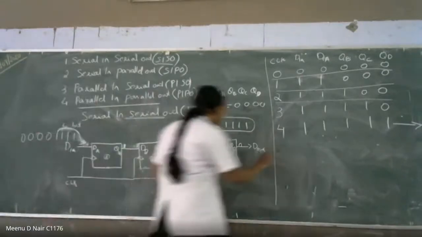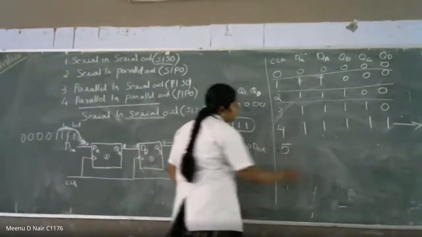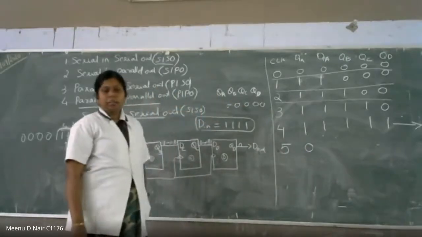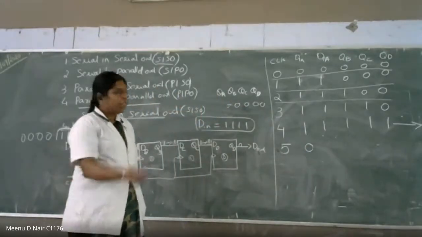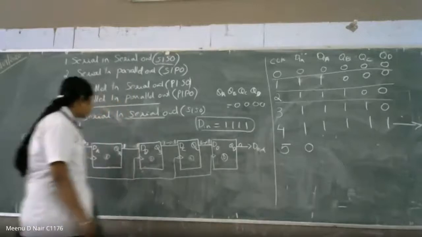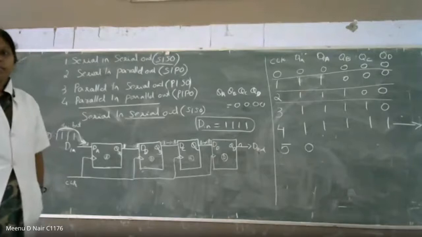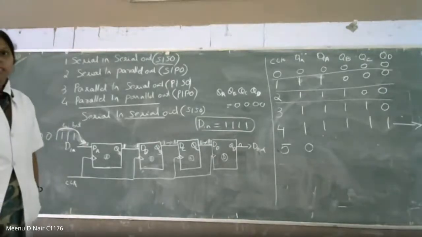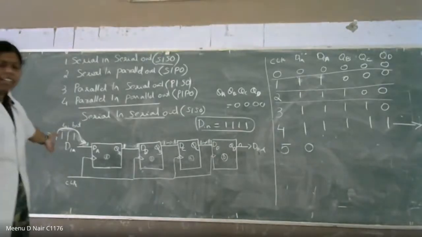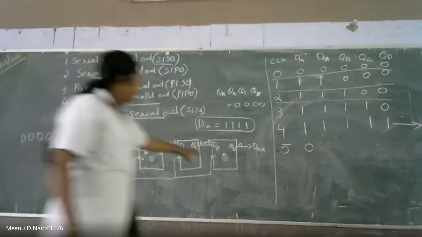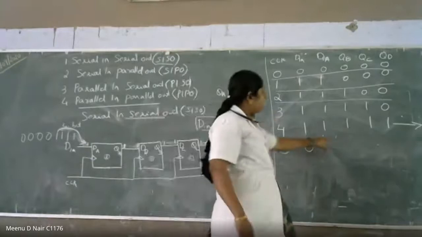Then the fifth case. Now your D input is 0. What about the output QA, QB, QC, QD? Now we are giving, it can be anything, it is not a problem, but we are considering the 0 case. You are giving D input as 0. What is the output here?